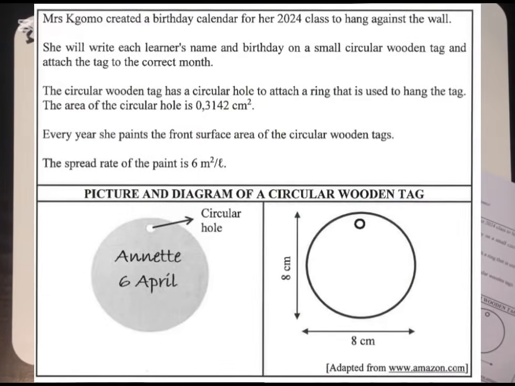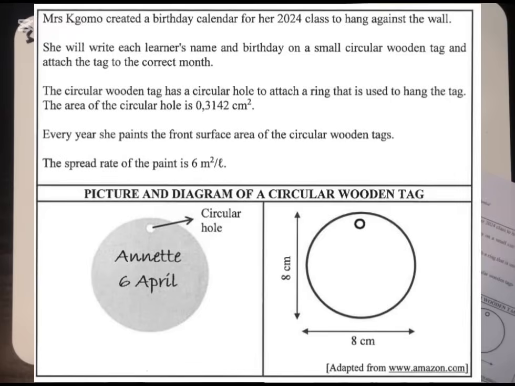It says, Ms. Homu created a birthday calendar for her 2024 class to hang against the wall. She will write each learner's name and birthday on a small circular wooden tag and attach the tag to the correct month. The circular wooden tag has a circular hole to attach a ring that is used to hang the tag.